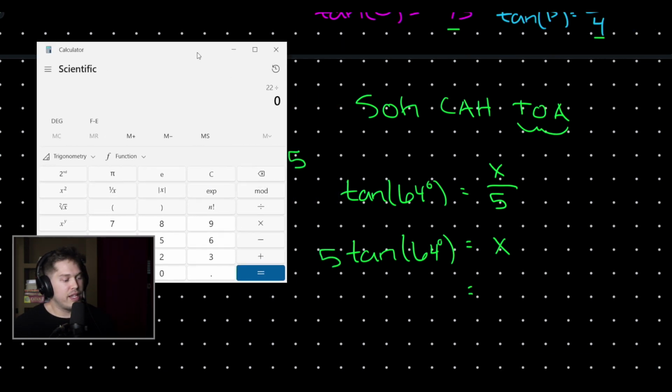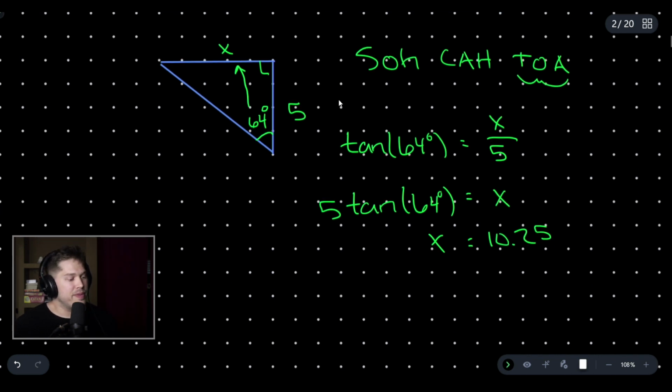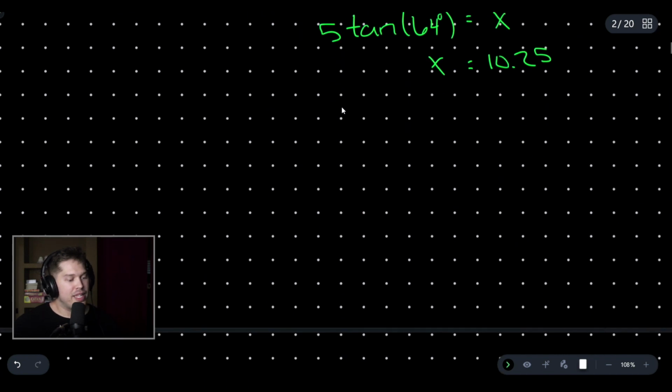So we're going to do 5 times the tangent of 64 degrees, which is 10.25. So x is equal to 10.25. Very good. Let's do another practice problem.